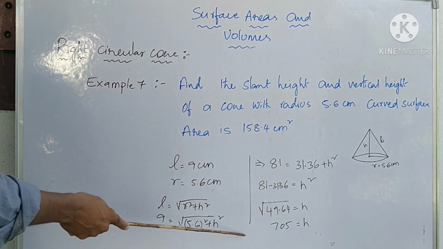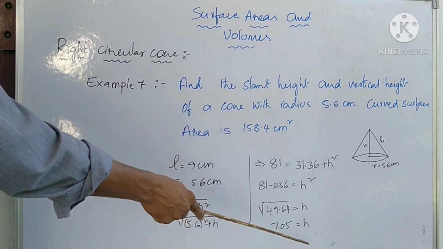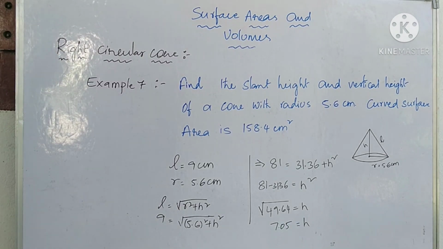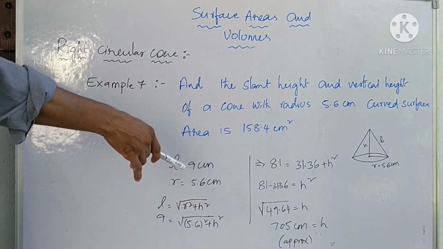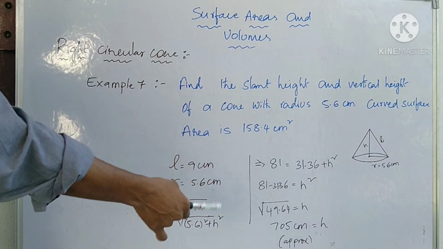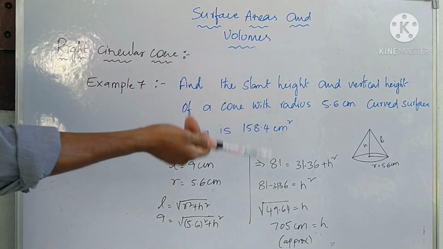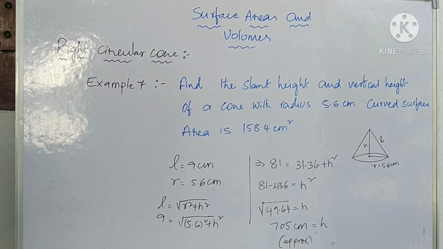So h equals square root of 49.36, so h is 7.05 centimeters approximately. So the slant height is 9 centimeters and the height is 7.05 centimeters approximately.